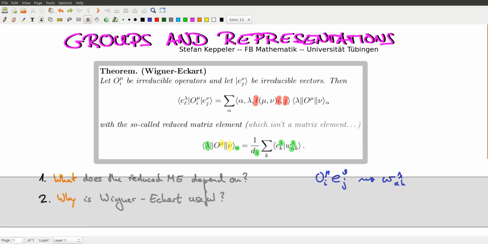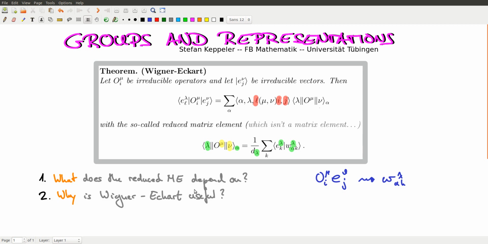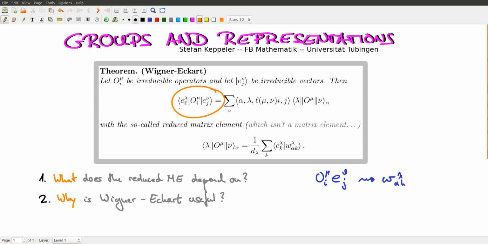Now, why is this Wigner-Eckart theorem useful? Well, if you look at it, then you see that there are potentially many matrix elements on the left hand side, which are expressed in terms of, well, also maybe many Clebsch-Gordon coefficients, but only a smaller number of so-called reduced matrix elements.